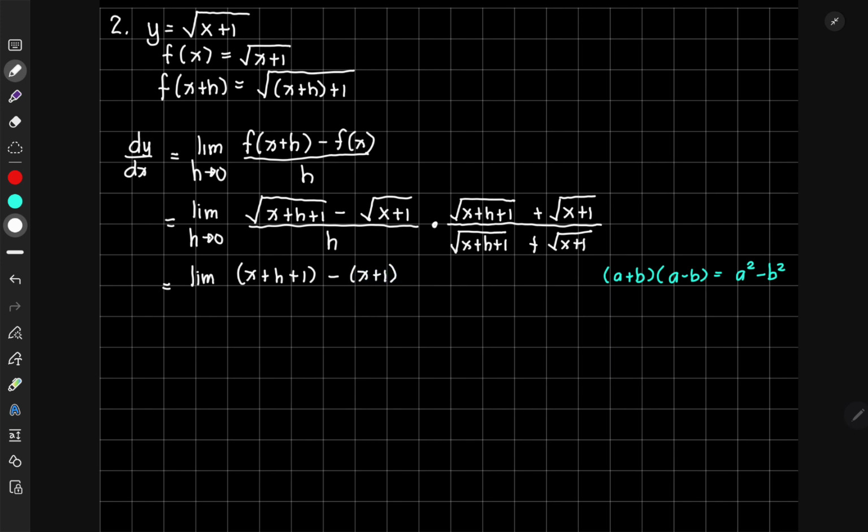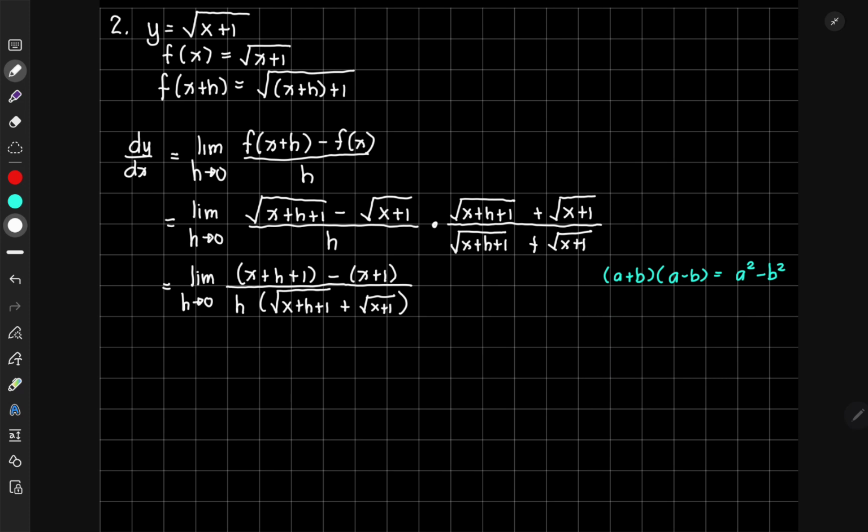So, dito sa baba would be h multiplied by square root of x plus h plus 1 and then plus the square root of x plus 1, as h approaches 0.